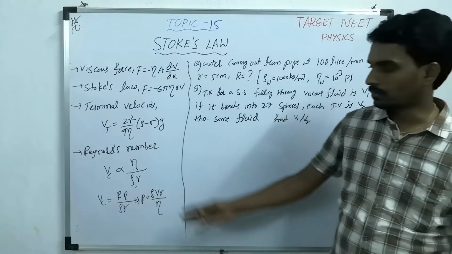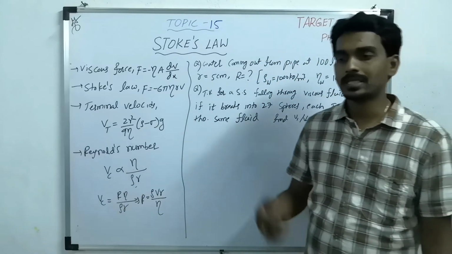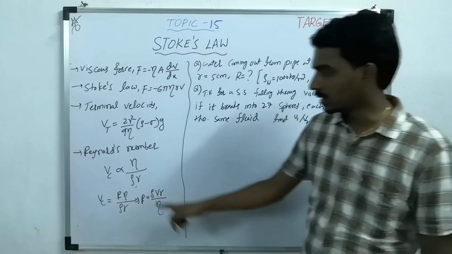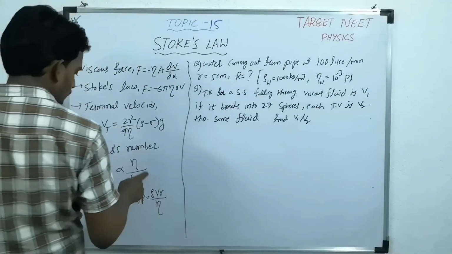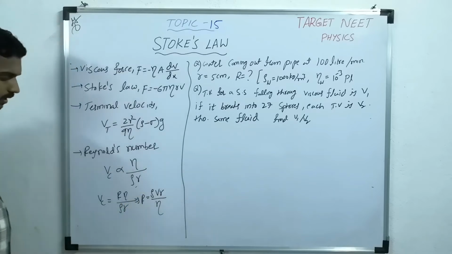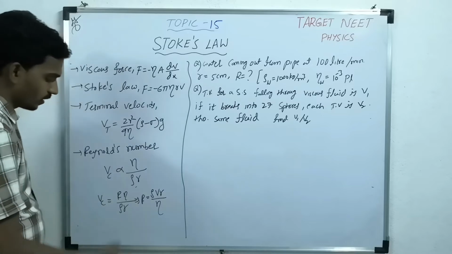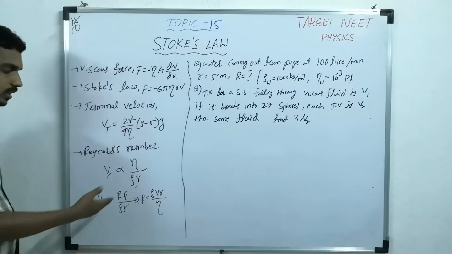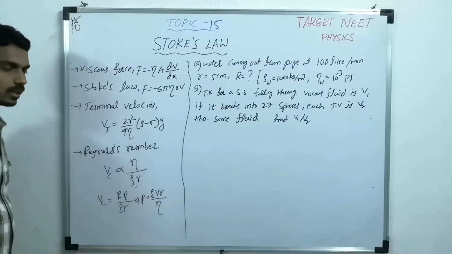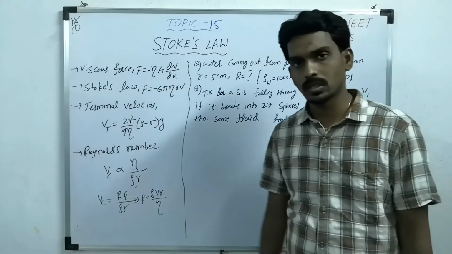The maximum velocity up to which it can be steady, we call critical velocity, and that critical velocity depends upon rho, eta and r. Here r is the radius of the pipe through which it is flowing. The proportionality constant is called Reynolds number. Based on this also, sometimes questions will be asked. So these are all the types of questions they can ask.